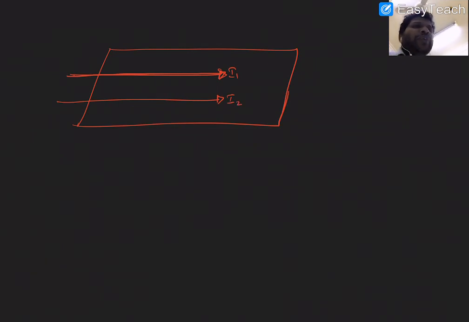If the current is flowing like this, you know the magnetic field will be like this, and due to I2 there will be a magnetic field as well. Here we have the uniform current density, so in this case these are equal.